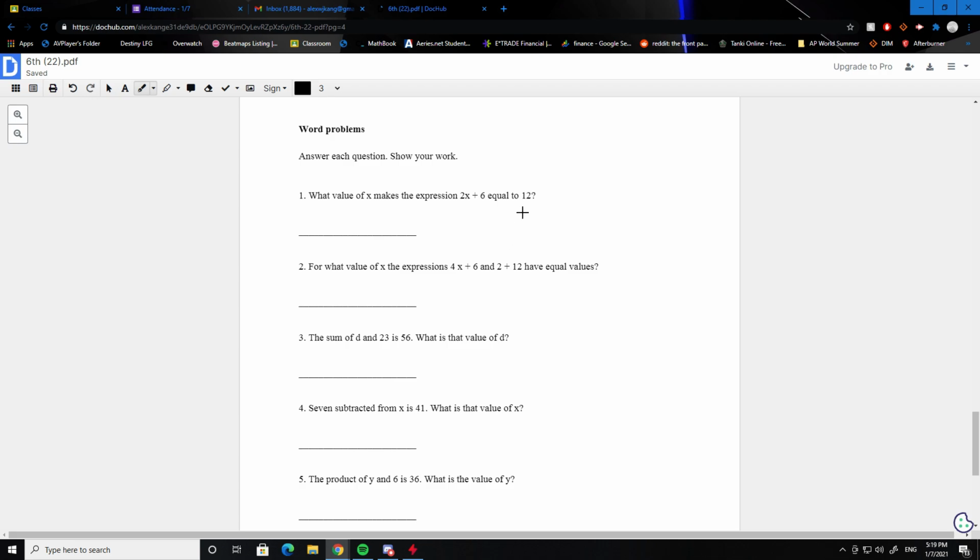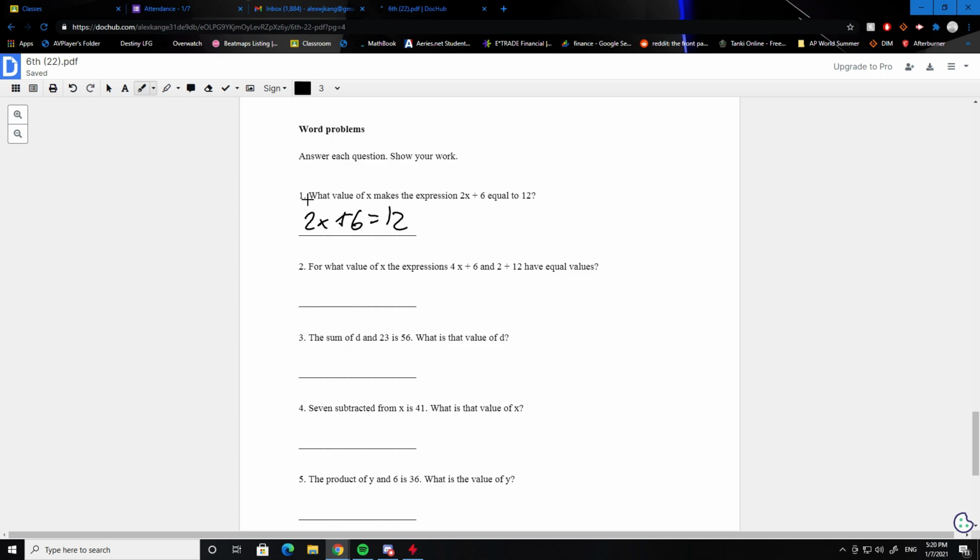So what value of x makes the expression 2x plus 6 equal to 12? Same thing as what we just did, actually. It's asking for what number would make this equation true. So think of it this way. What plus 6 will equal 12? 6, right?